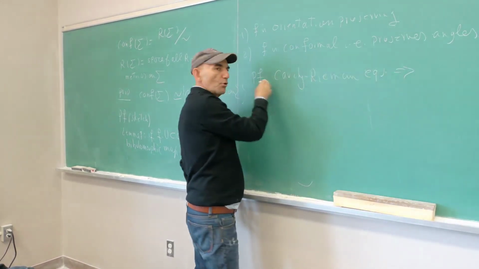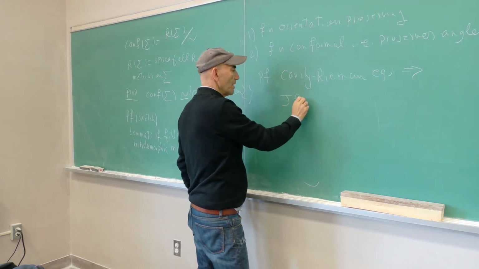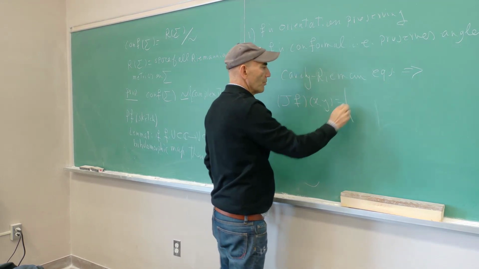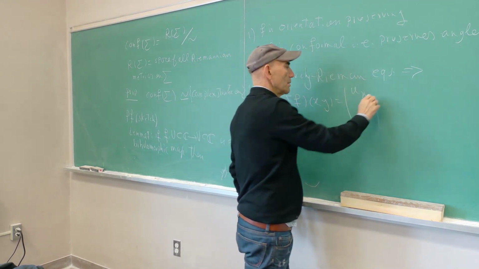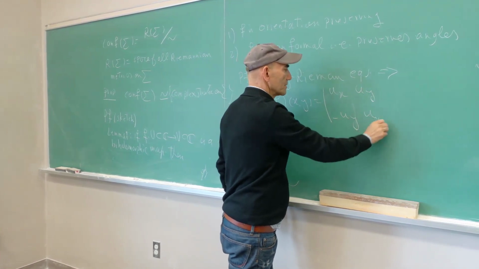The Cauchy-Riemann equations imply that the Jacobian, the matrix of f at the point (x,y), is of the form (u_x, u_y; -u_y, u_x).